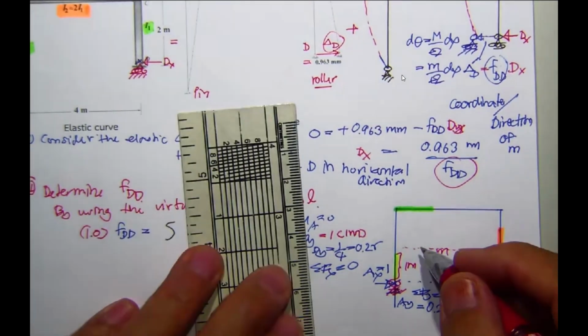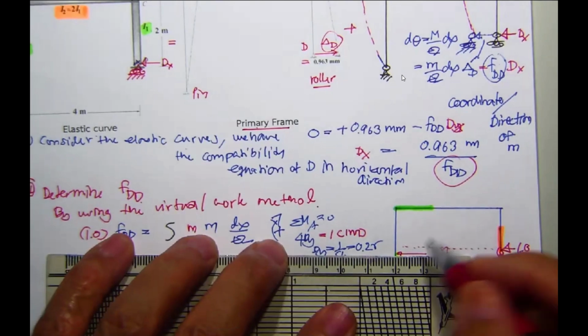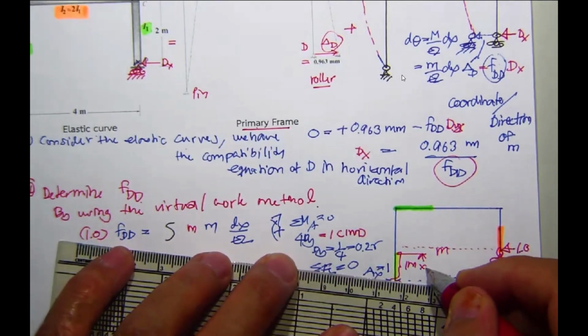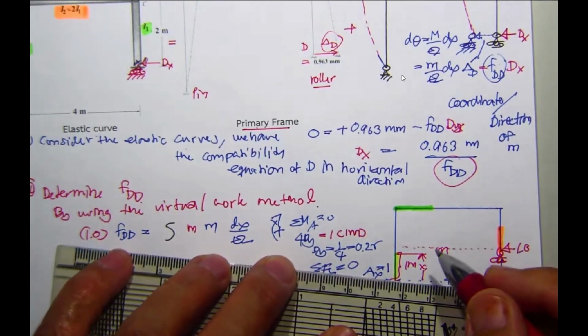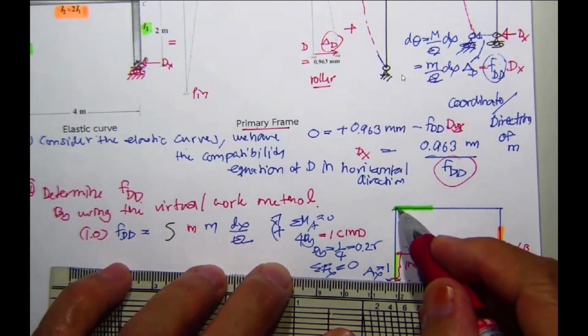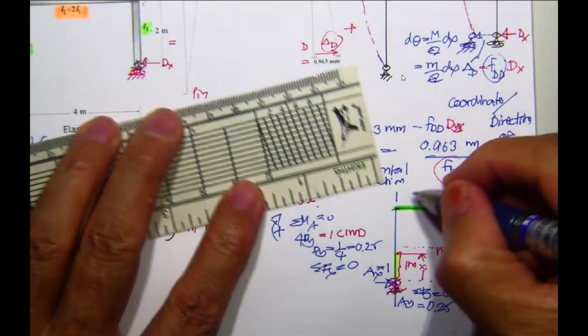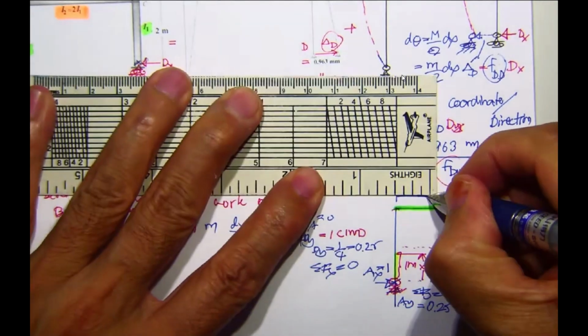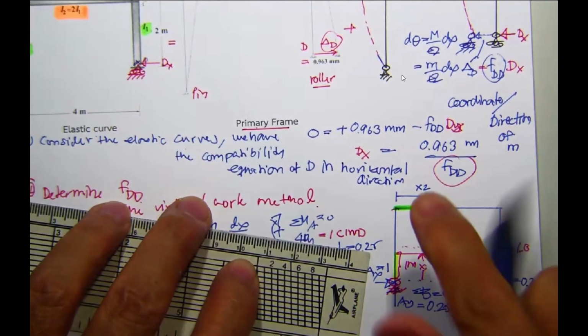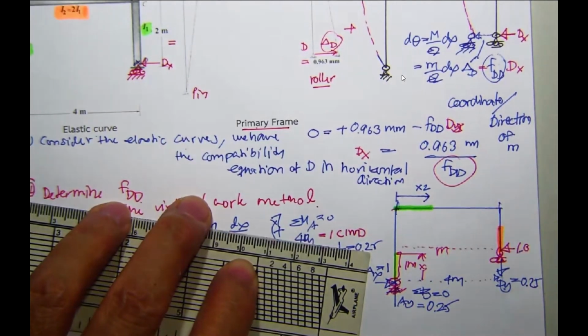Okay, as you may do. If you set this one, and that's it, okay, this is going to be x1. So x1 is going to be 0 up to 3. And then this is going to be x2. X2 is going to be 0 up to 4.